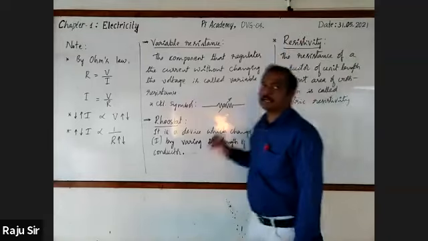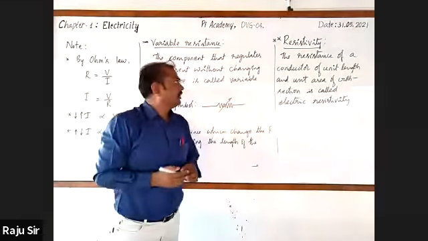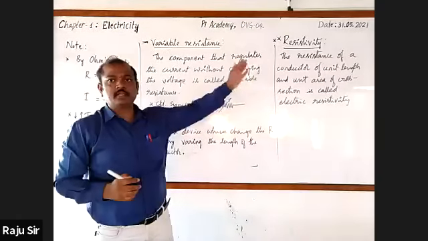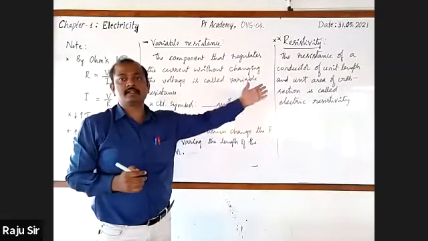Please put a double star mark for this. Definition can be asked. The resistance of a conductor of unit length and unit area of cross section is called electric resistivity.